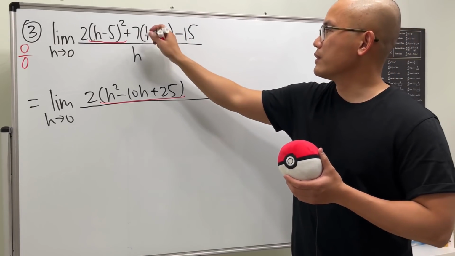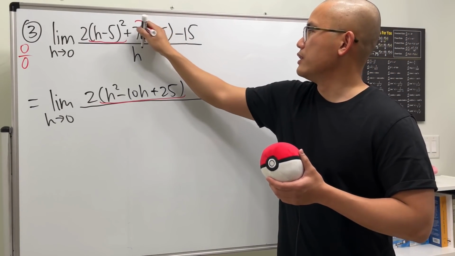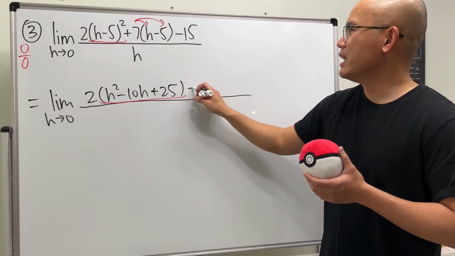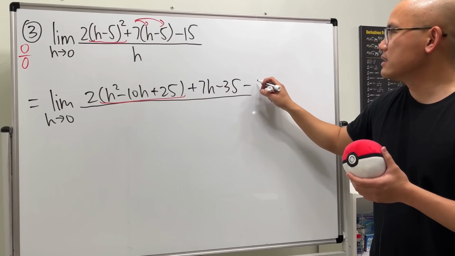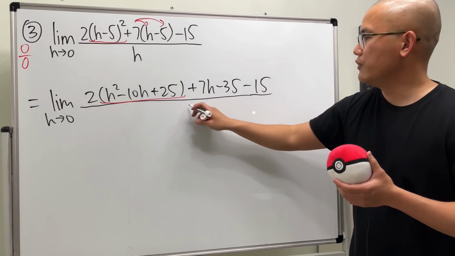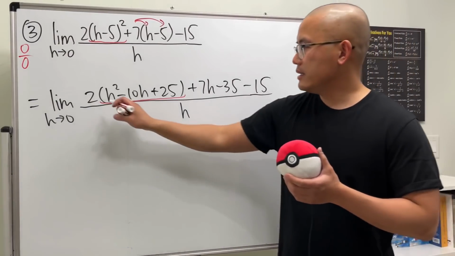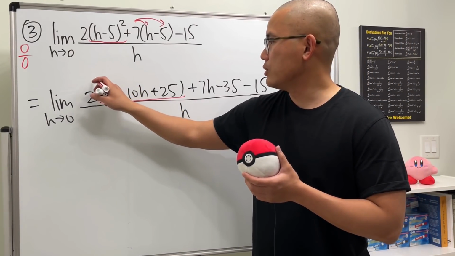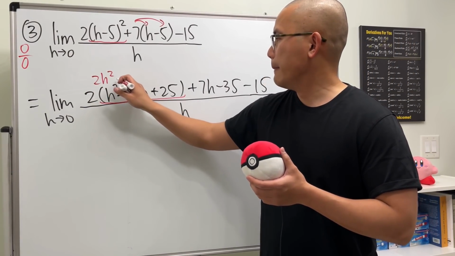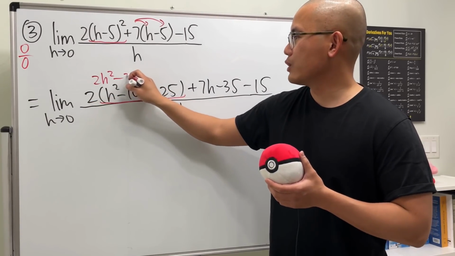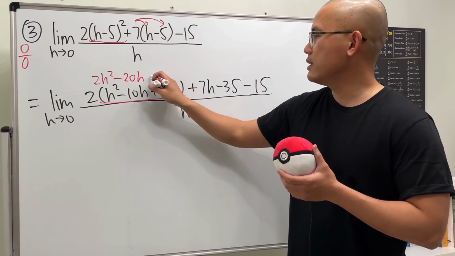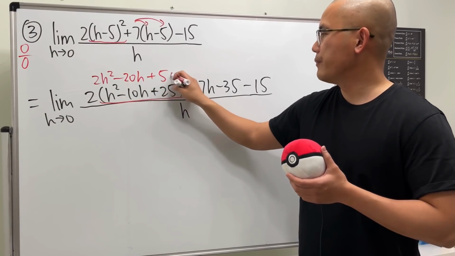So this part is this. And then, of course, for this, we can just distribute. So go ahead and draw the arrow if you like, and then we get plus 7h minus 35, and lastly, we have the minus 15, and then divided by h. And now you see right here, we can just distribute this 2, which is 2h squared minus 2 times 10, which is the 20h, and then plus 50.